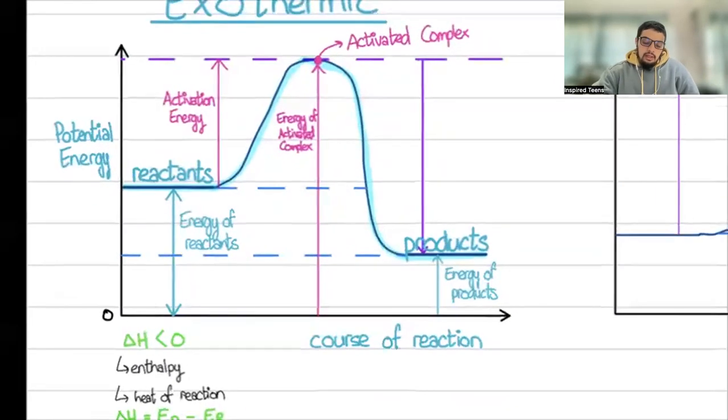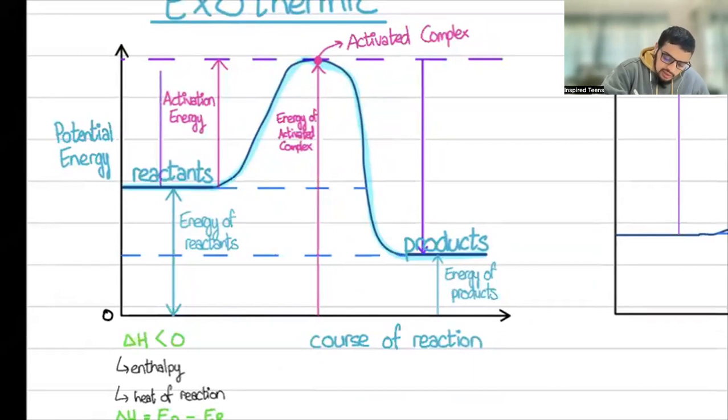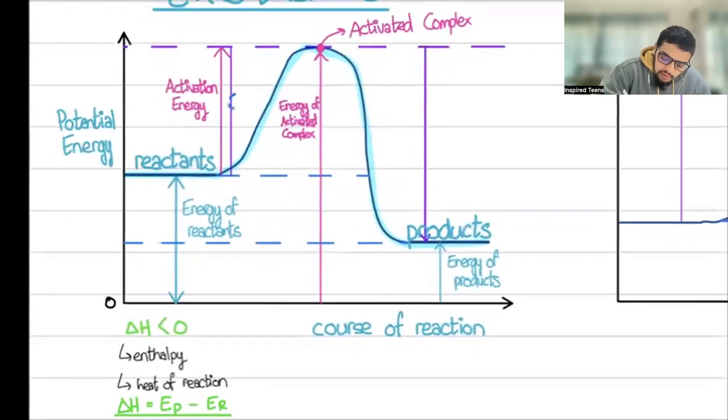Now we can discuss the other concepts of energy released and energy absorbed. The energy absorbed is actually the same as the activation energy. It is from the reactants to the activated complex. This is the energy released.